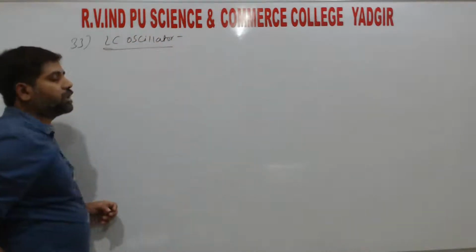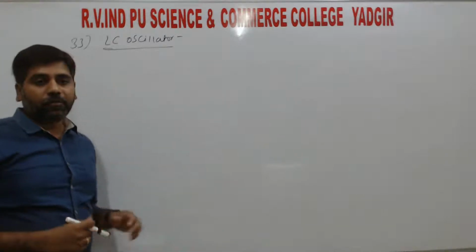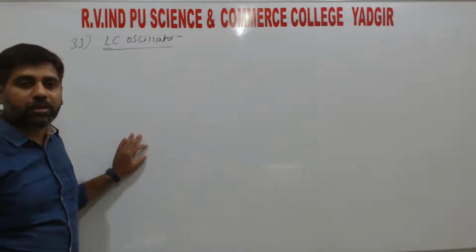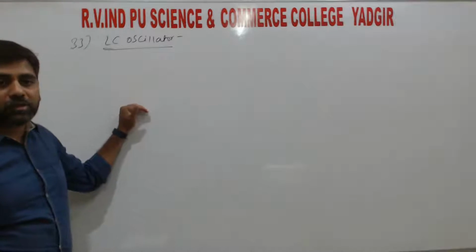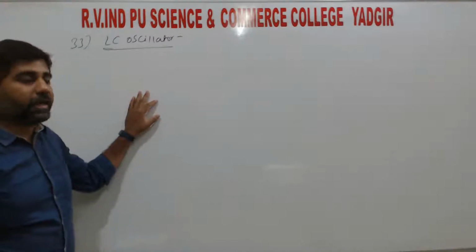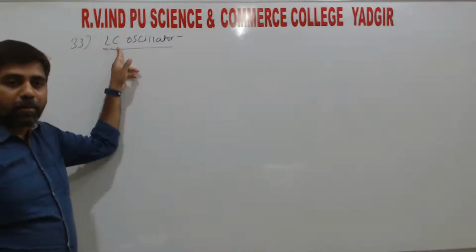Already in first year ಅಲ್ಲಿ oscillations ಬಗ್ಗೆ ಸ್ಟಡಿ ಮಾಡಿರ್ತೀರಾ, right? Displacement of any particle from its mean position to and fro motion ಇರೋದನ್ನ ನಾವು oscillation ಅಂತ ಕರೀತೀವಿ. Here the charge is oscillating, so that's why that device we call the LC oscillator, where L is the inductor and C is the capacitor.